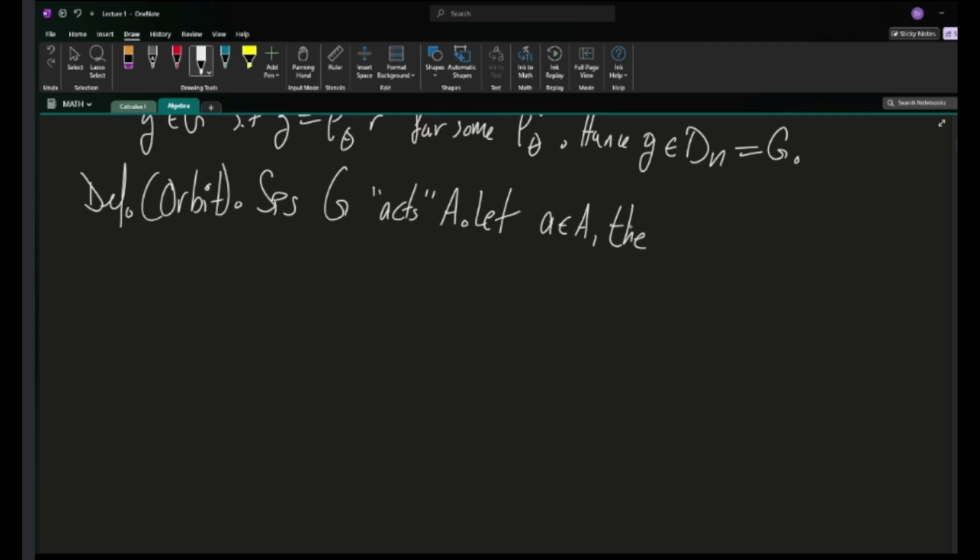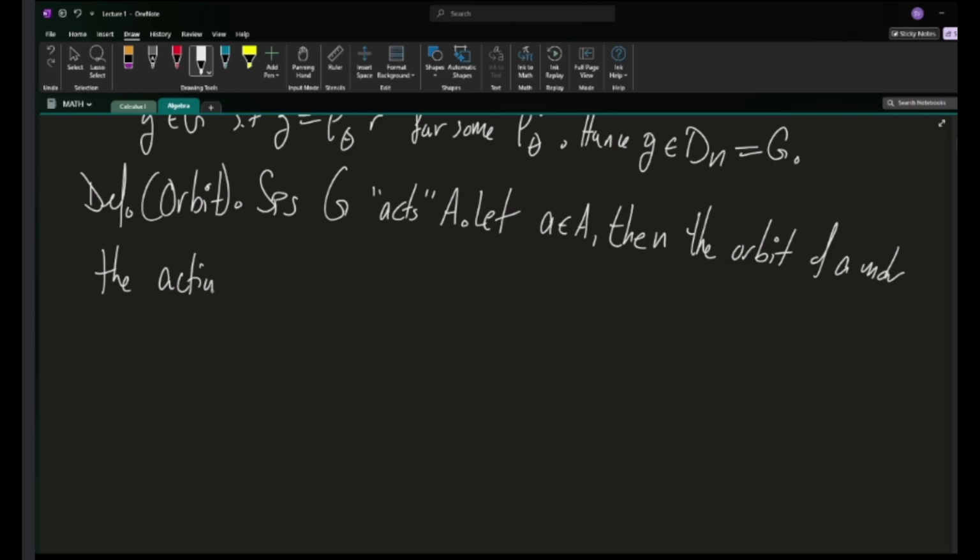There are a lot more useful properties that arise out of this.